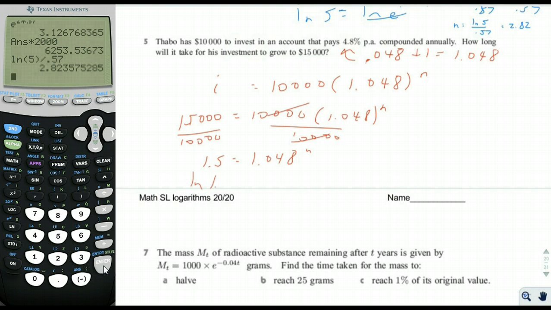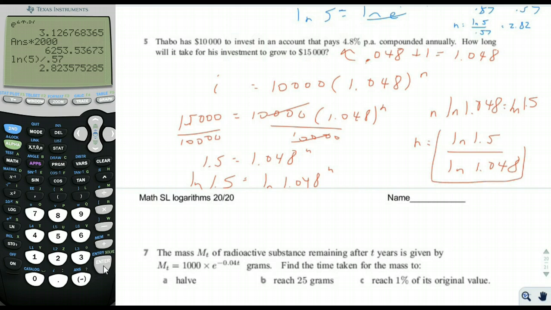So we do log of 1.5 is equal to natural log of 1.048 to the n, which is equal to n natural log of 1.048. N is equal to natural log of 1.5 divided by natural log of 1.048. Okay, and so you could divide that on the calculator to get the answer.